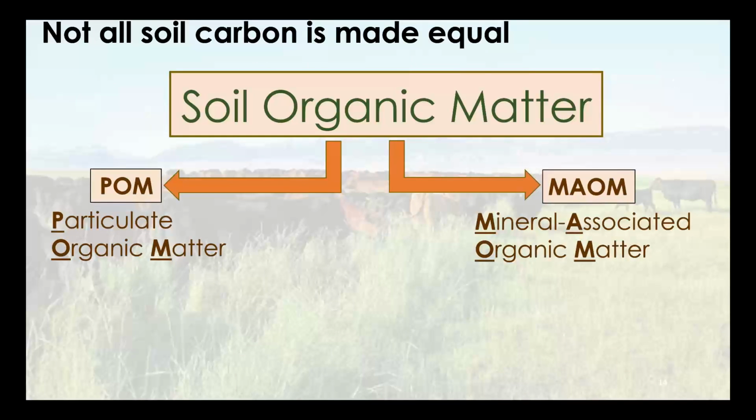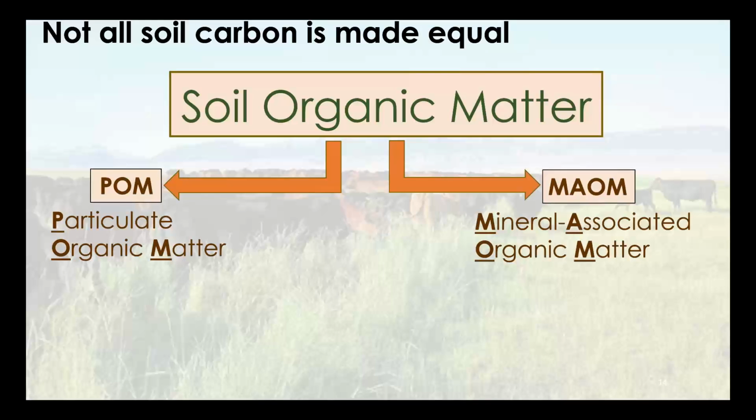Next slide. As scientists focusing on soil ecology and sustainability, we believe that managing soil carbon and soil health effectively requires taking into account its differences. Not all soil carbon is made equal. One key distinction can provide an underlying framework for soil carbon management, and that is separating soil organic matter into two different pools, the particulate organic matter and the mineral-associated organic matter.